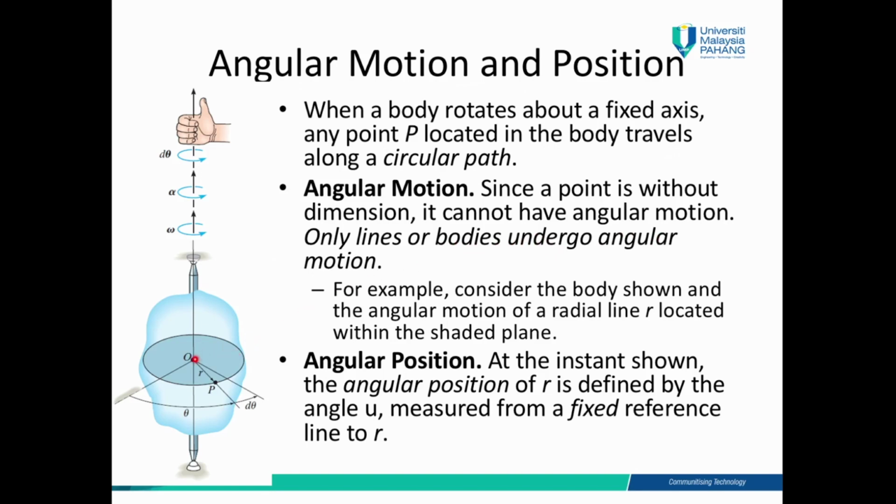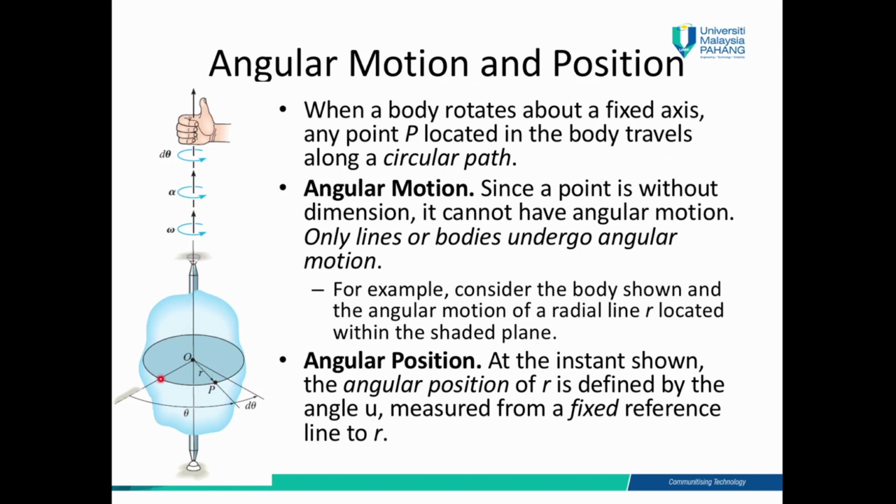For example, if you look here, imagine this is your plane of movement. Let's say this is a paper, and then you have a line that we call R. This line can move around the rotation axis that goes through O, right?